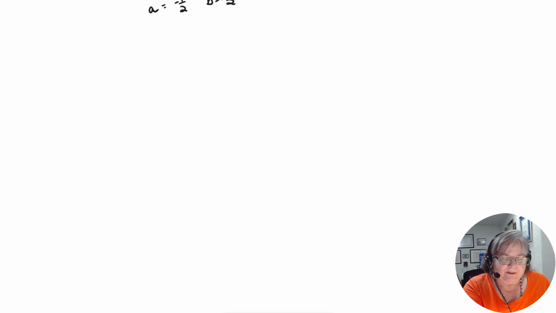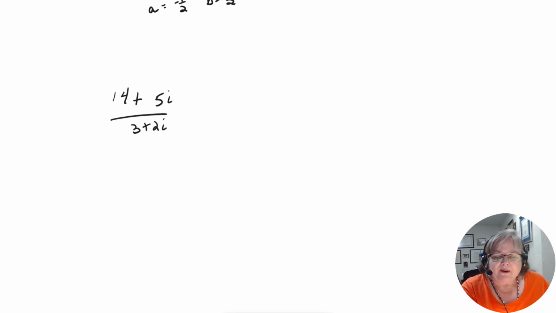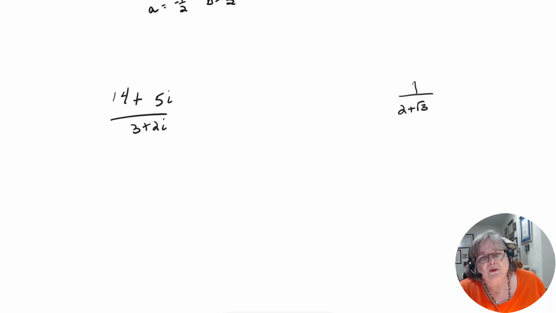Now, what happens if we have something like 14 plus 5i over 3 plus 2i? Now, just like in the past, if you had something like 1 over 2 plus the square root of 3, they did not want square roots in the bottom of a fraction, so they would ask you to rationalize it, and what you would do is multiply it by its conjugate, because then the square roots would cancel each other out, right?